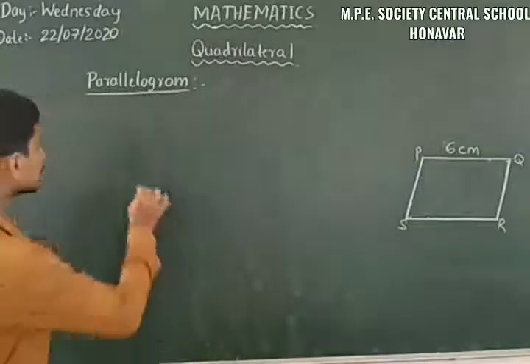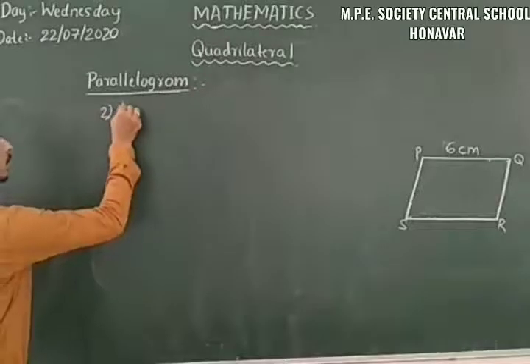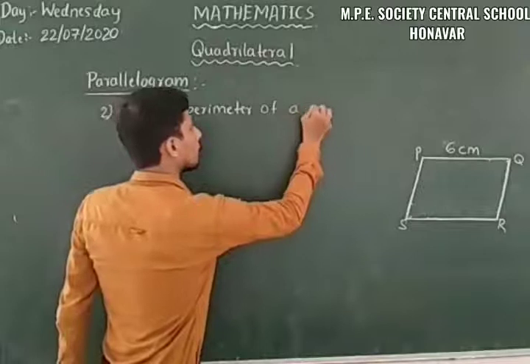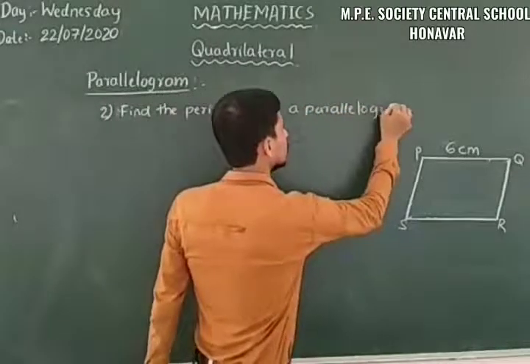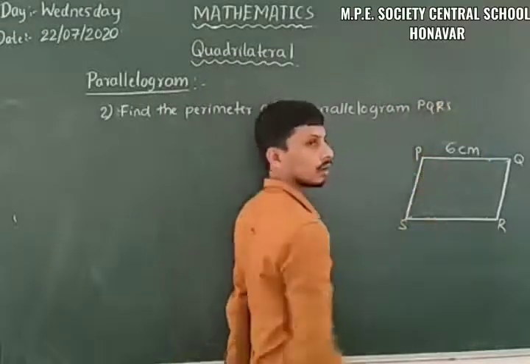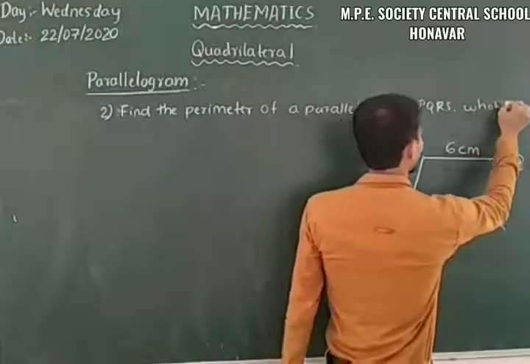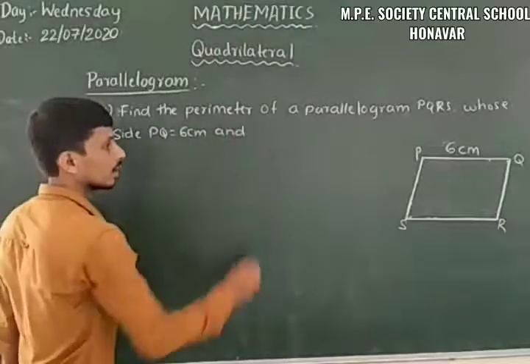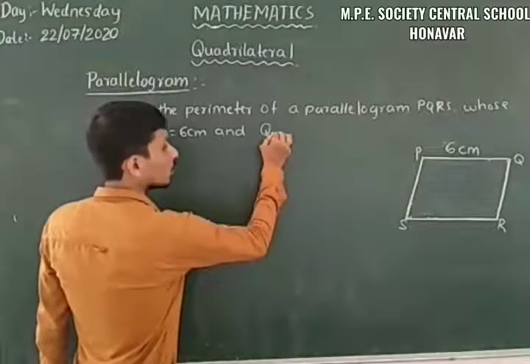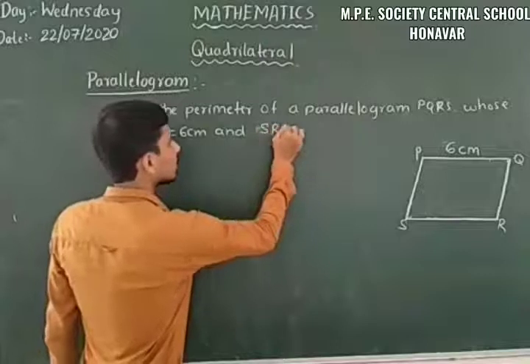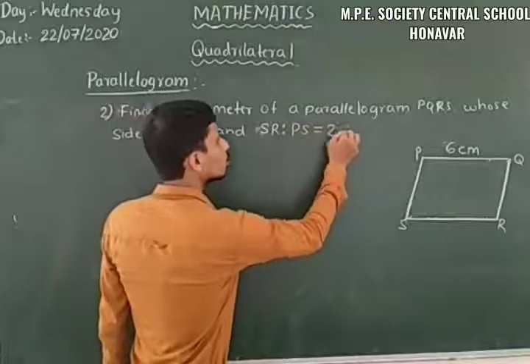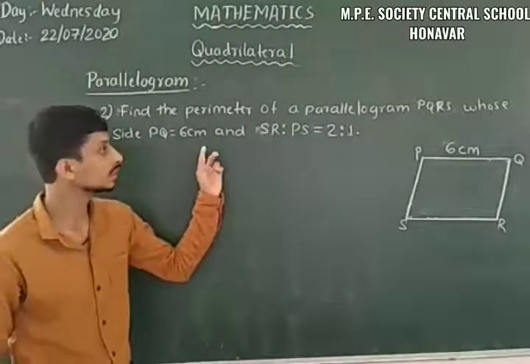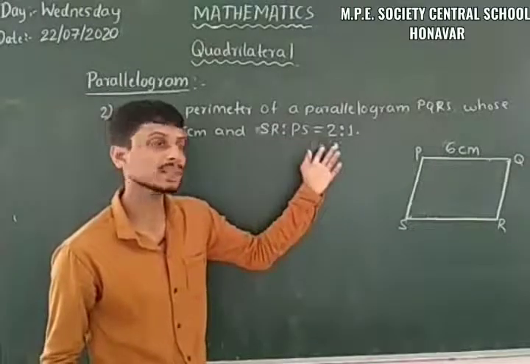The question tells us to find the perimeter of a parallelogram PQRS whose side PQ is equal to 6 centimeter, and the ratio of SR and PS is equal to 2:1.